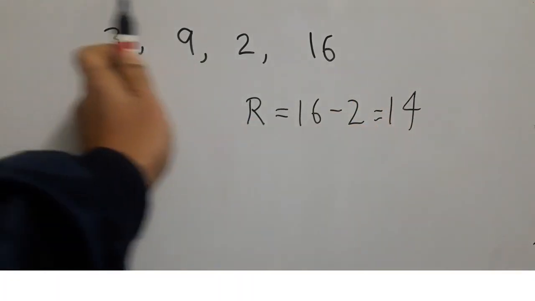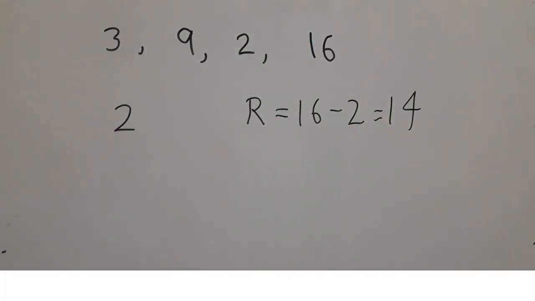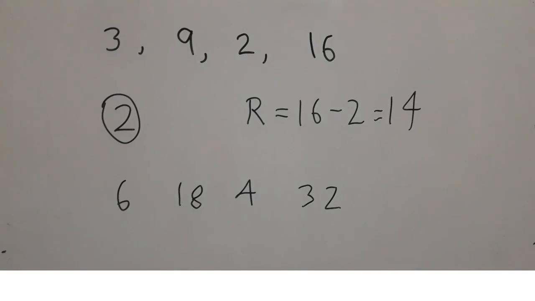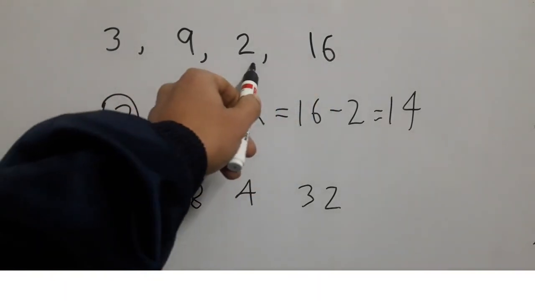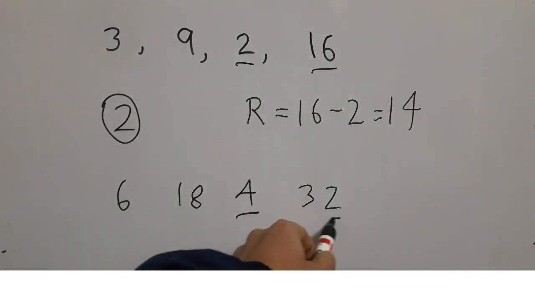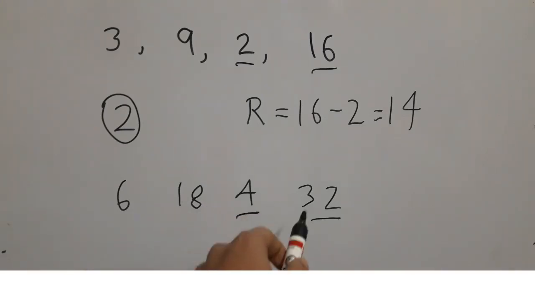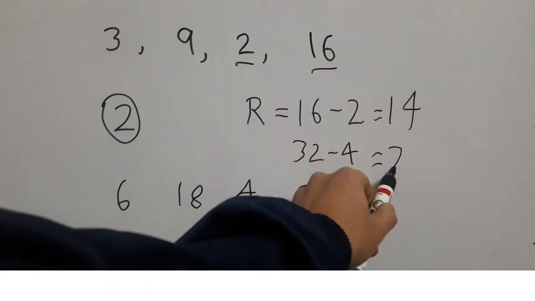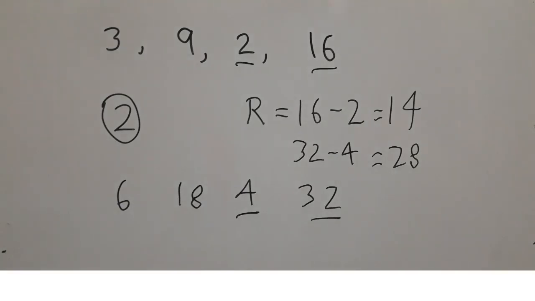Now if I multiply all the numbers by 2, then this number changes to 6, this to 18, this to 4, and this is 32. Since 2 is a positive number, the order is preserved. So here this was the minimum, now this is the minimum. Here this was the maximum, now this is the maximum. Both of them have been multiplied by 2. So if I look at the difference between them, the new range is 32 minus 4. So that is 28, which is double this quantity.